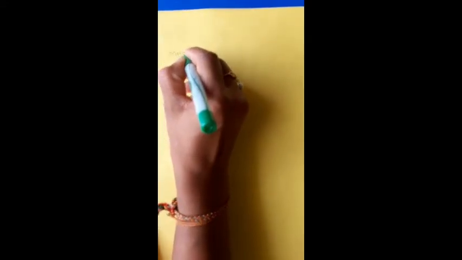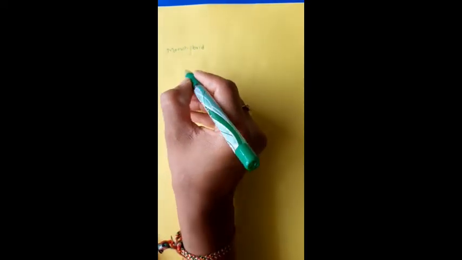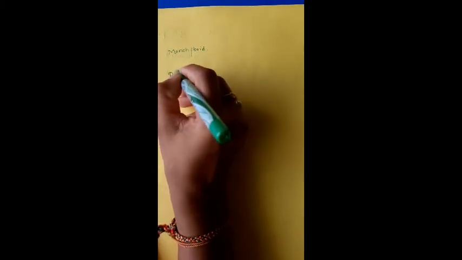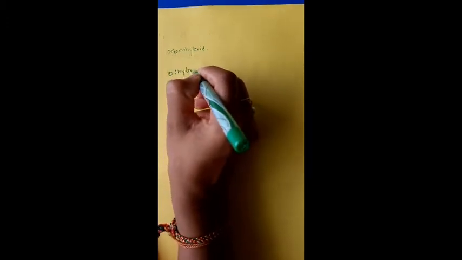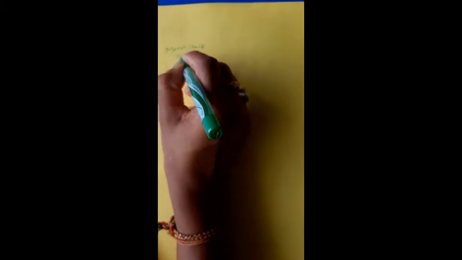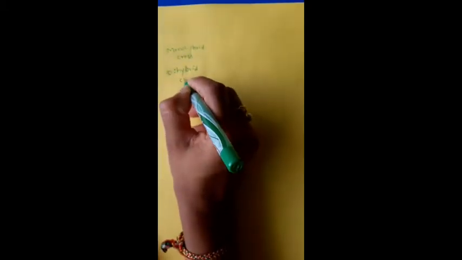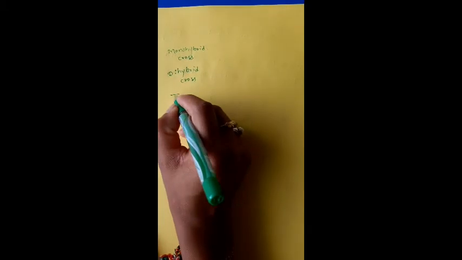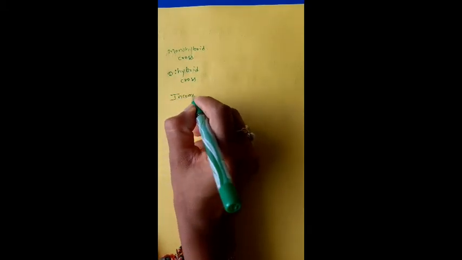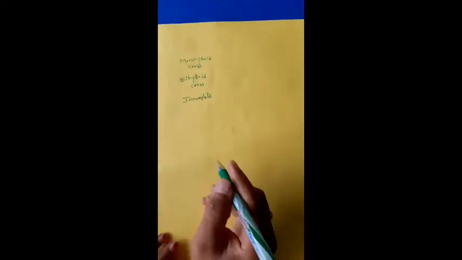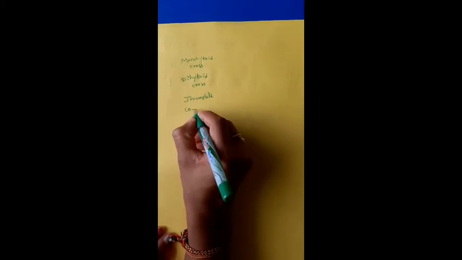Firstly, monohybrid cross, then dihybrid cross, incomplete dominance, then codominance.